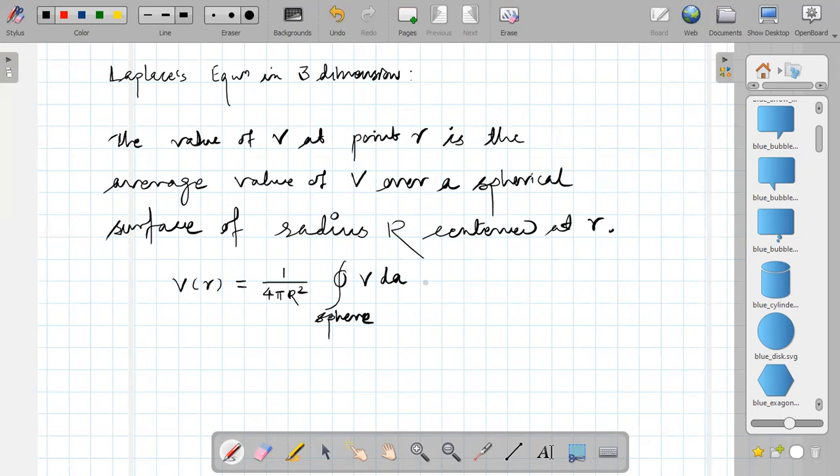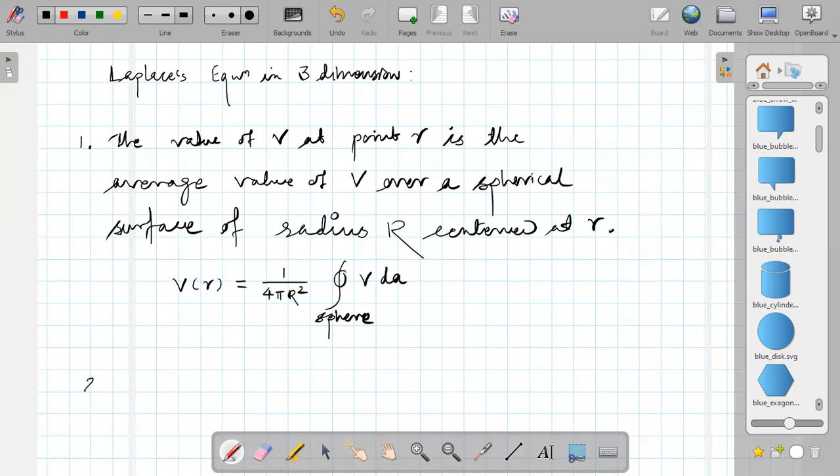Or you can write average potential V of r centered at small r is equal to 1 upon 4 pi R square into closed integration of V dA, and dA is the surface element. This is your point number 1 for properties of Laplace equation in 3 dimensions.